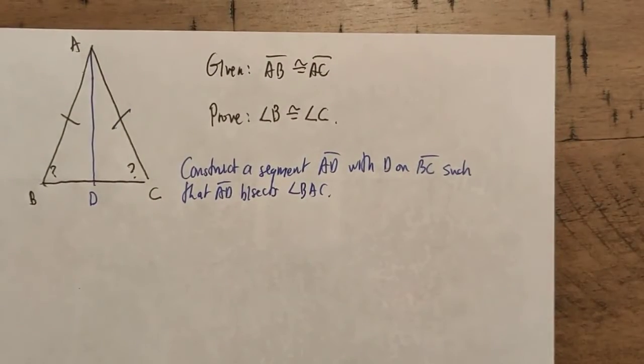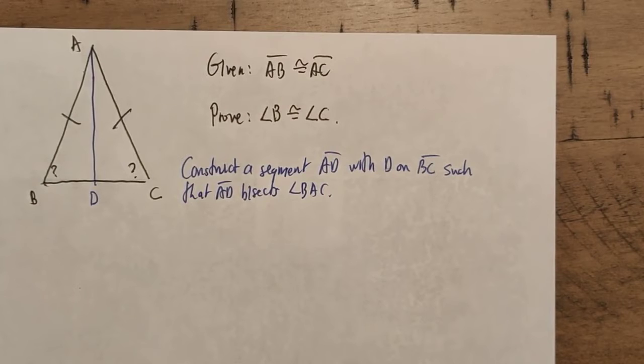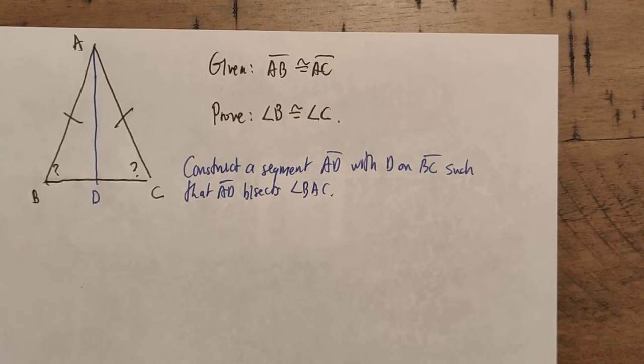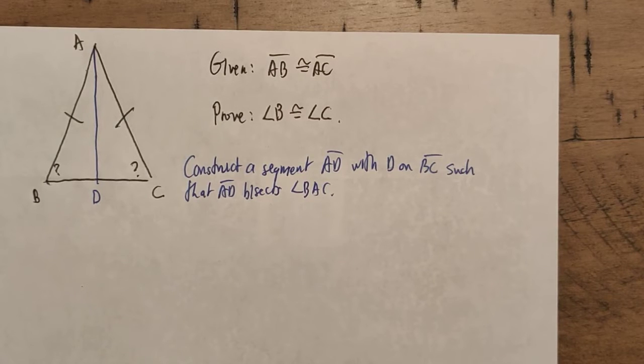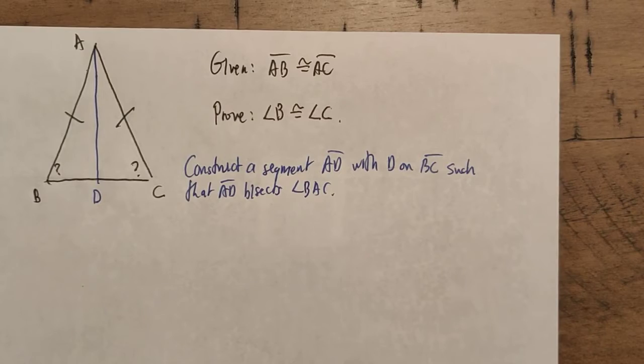So, of course, some of you may be shouting at the screen, why can you do this? Well, each angle has a specific measure, and an angle bisector splits it in half. There's only one such line or line segment that you can draw that will actually do this. If you try to draw a second segment that also bisects the angle, you can show that those two segments must be the same.